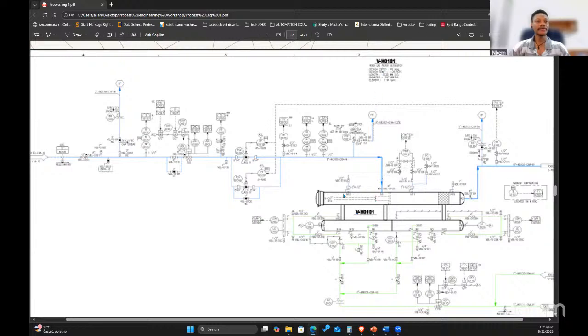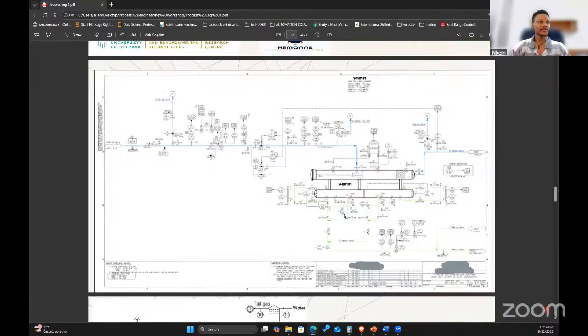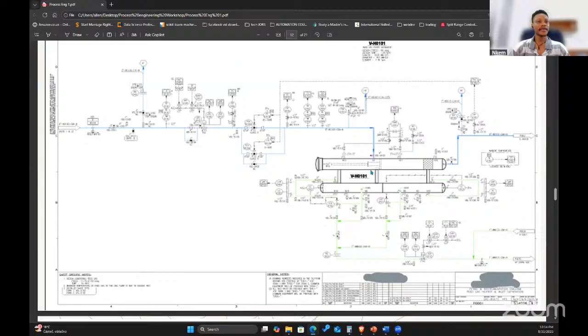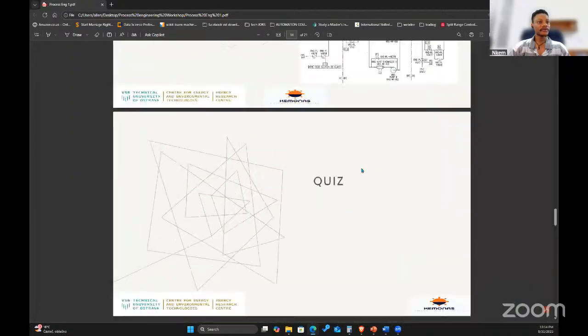If you look here, you will find this is a coalescing filter. The annotation is VH0101. It will always be above the equipment itself. That's where you find the annotation of the equipment. So let's go ahead. Like I said, it goes from the left to the right. So going forward.